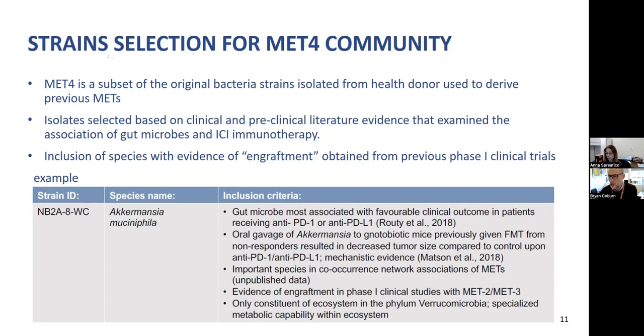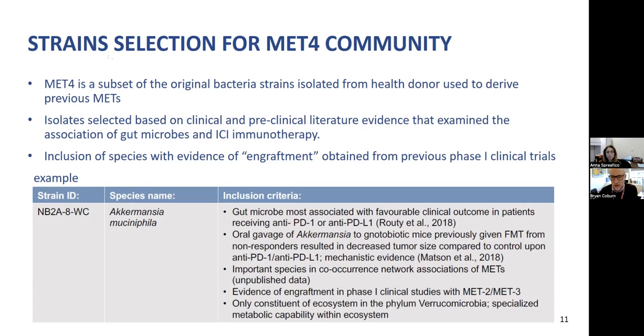And in order to satisfy some interdependencies of organisms that rely on one another to successfully grow or engraft in a host, you have to provide other organisms. So one of the aims of constructing a consortium is to satisfy those interdependencies. So they both include organisms associated with or designed to augment immunotherapy response, and also satisfy the interdependencies of a community that enables or facilitates engraftment of those taxa into a recipient.